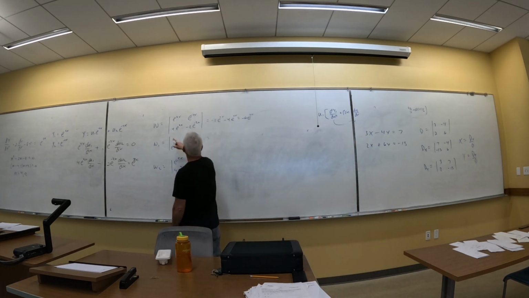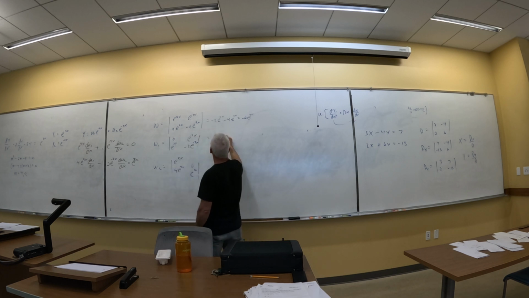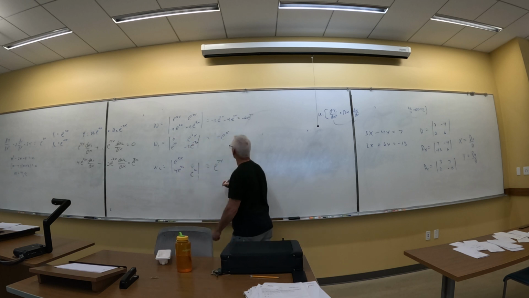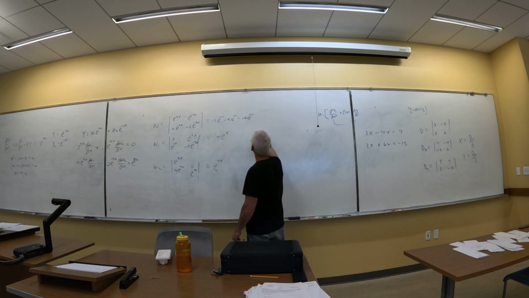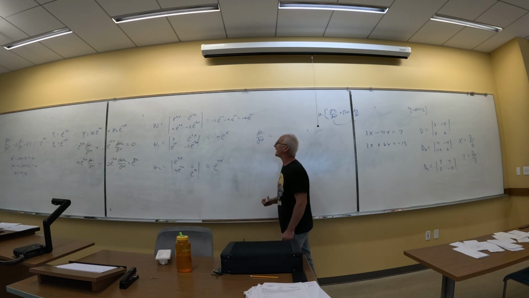So what is this? 0 minus e to the x. And this one is 0. Careful. Yeah, e to the 7x minus 0. I can now say with certainty, du1 dx is equal to what?